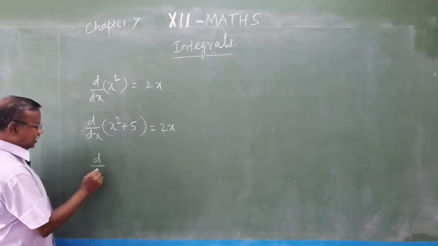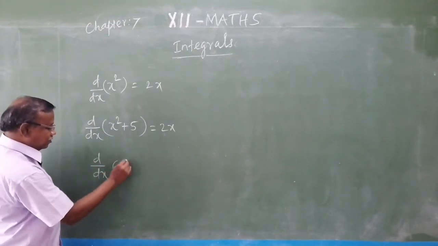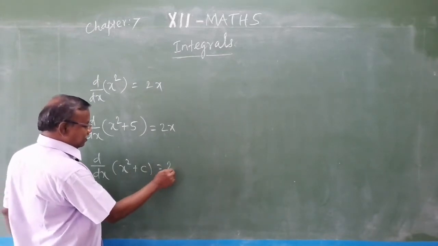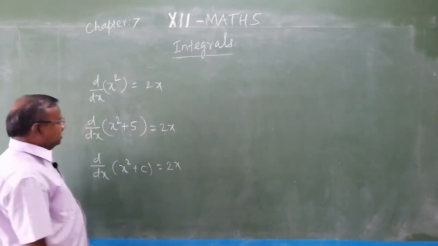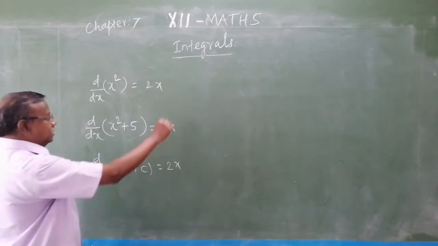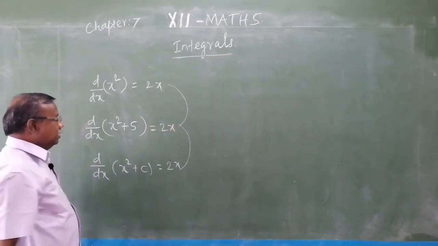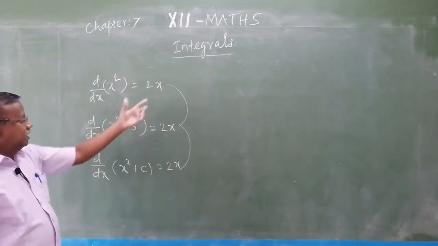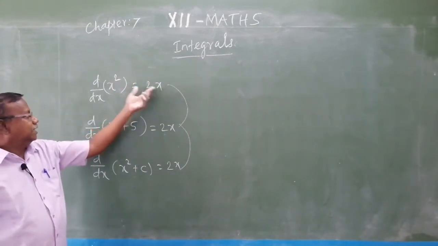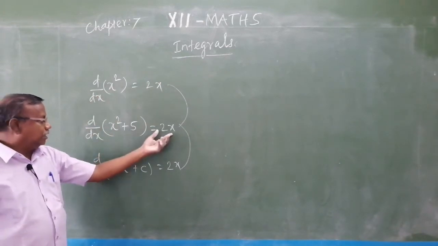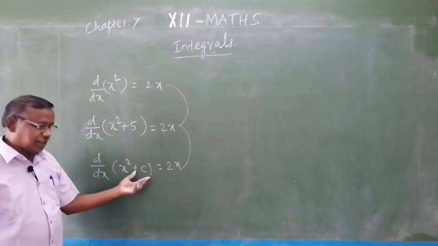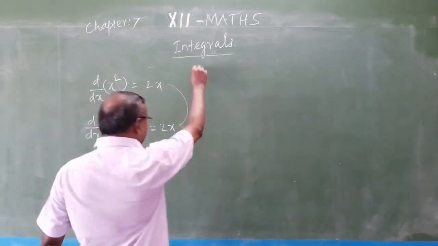Similarly, the derivative of x square plus or minus any constant c is in general 2x, so the derivatives are equal here. But in the reverse process, what will be the function? If we integrate 2x, we can get either x square or x square plus 5 or x square plus some constant c. So, that is the question that arises here.